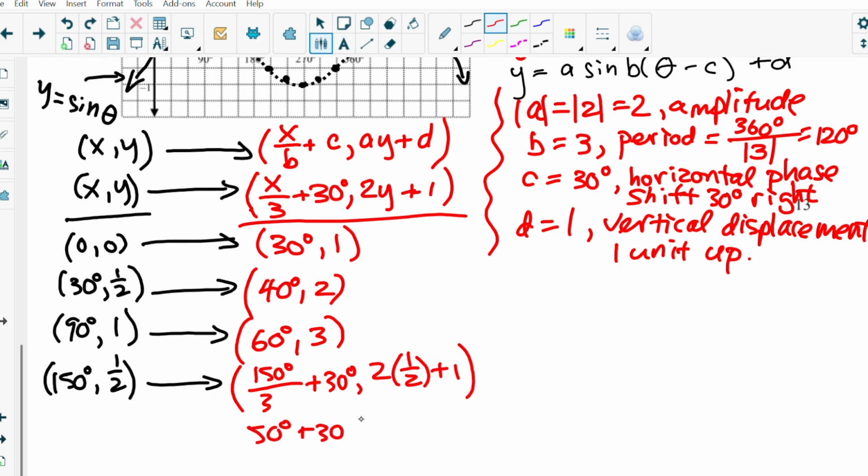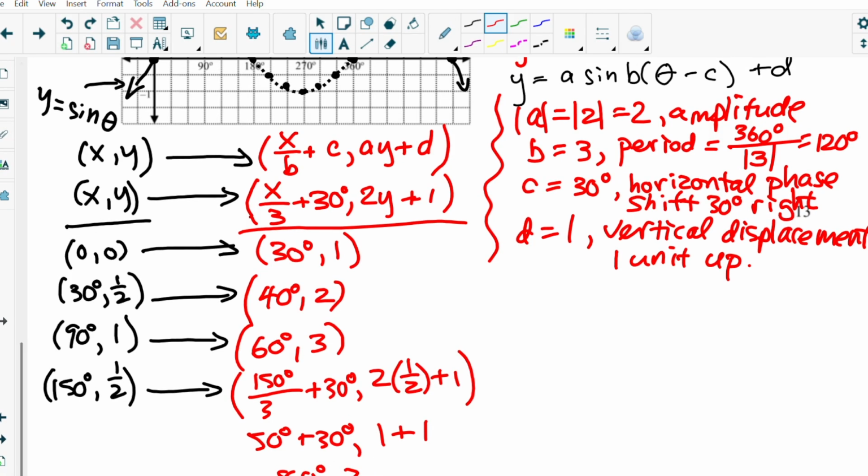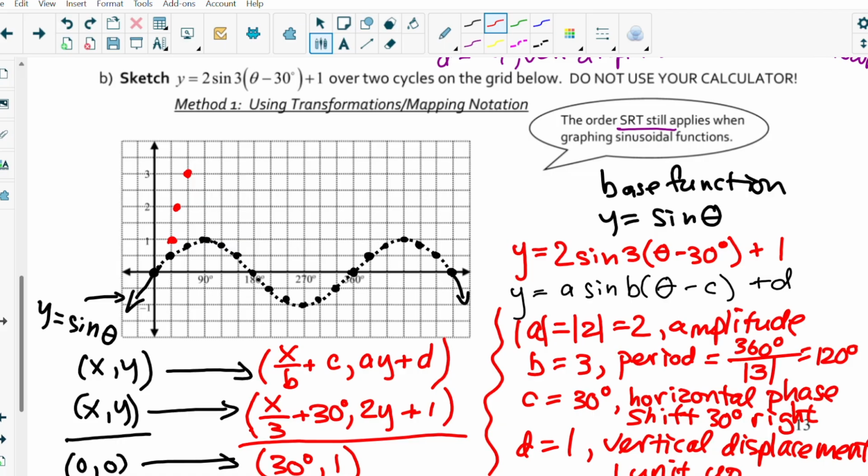So that's 50 degrees plus 30 degrees, comma 1 plus 1. That's 80 degrees and 2. So right about there.